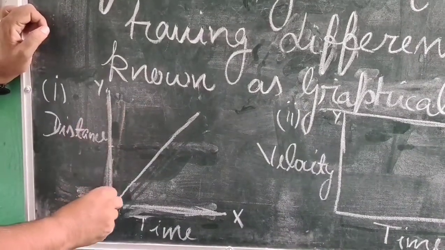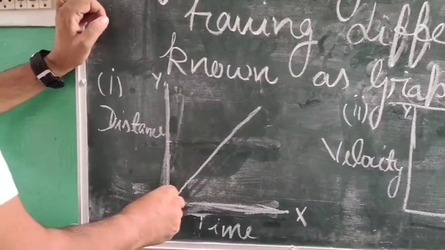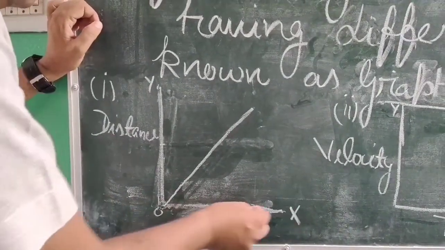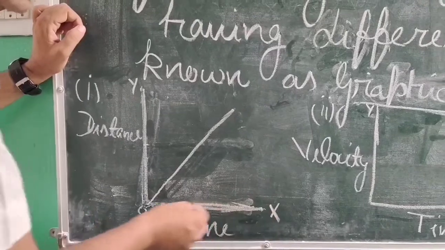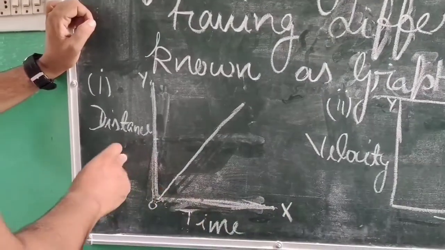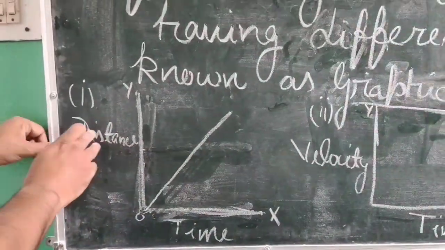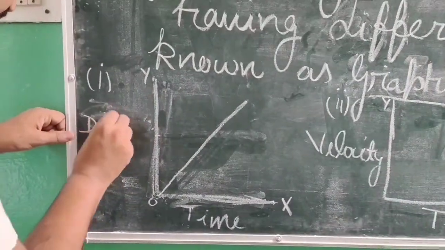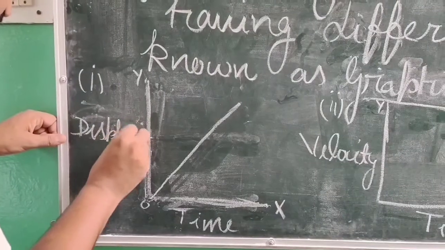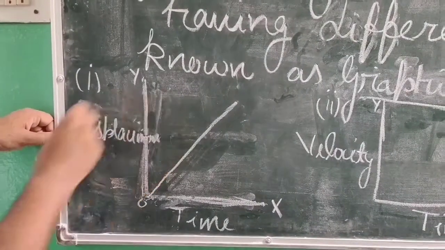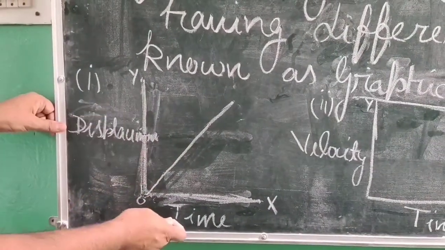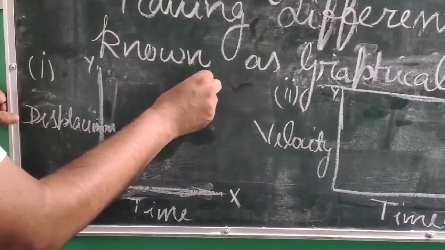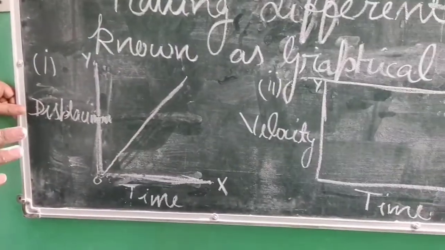So there are two variables or two data taken, and one is the time, and time is always taken on the x-axis. If I remove distance from here and put displacement here, then with the help of displacement and time, what can I get? I can get the velocity.